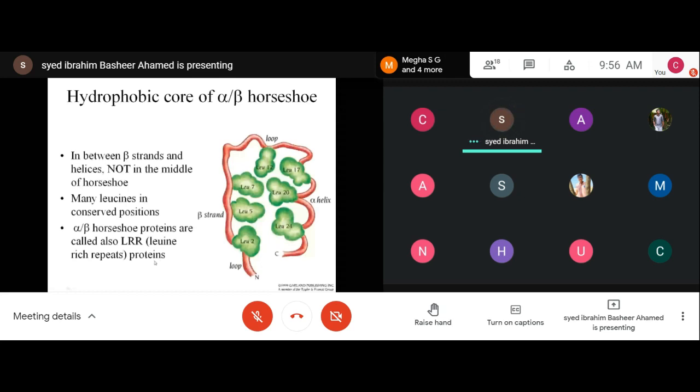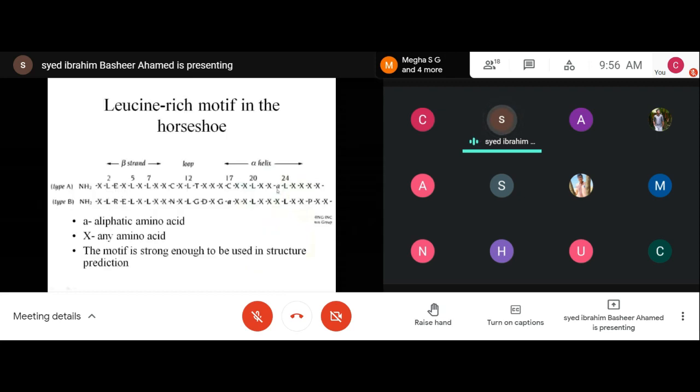This is the sequence pattern commonly found in LRR proteins. As I told you already, X is any amino acid, so leucine, glutamate, arginine, or any amino acid. If you see this kind of pattern, you can easily say this is a leucine rich repeat protein.